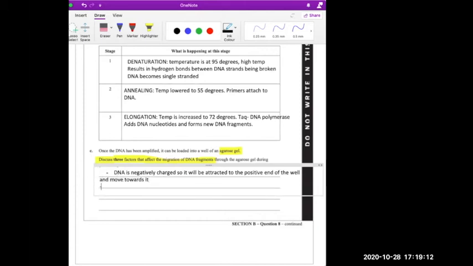The second one is about the size, right? All gel electrophoresis is separating DNA molecules by size. So the smaller the size of the DNA, the further it will move down the agarose gel.